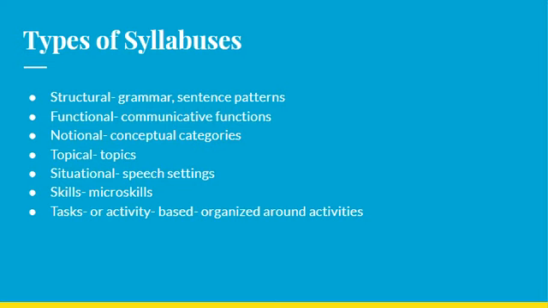Okay, so skills, like micro skills. So think about the 4 skills. Those are macro skills, reading, writing, etc. So micro skills would be breaking that even further down. So if you're teaching the macro skill of speaking, you could teach them some pronunciation as a micro skill.